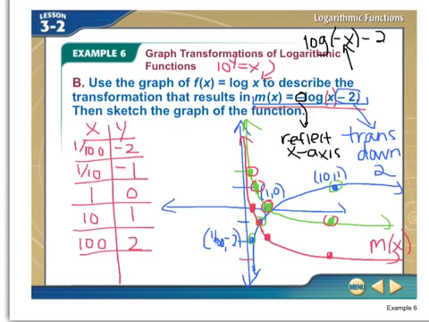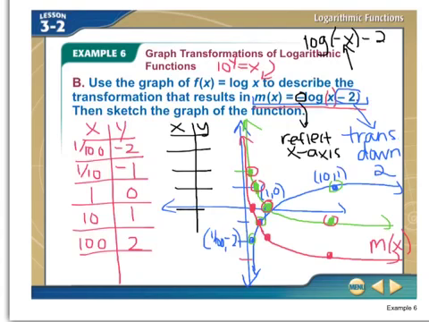The table for m of x, if I make a quick table of values right here: when we reflected each point for f of x over the x-axis, what happened is all the x-coordinates stayed the same, but all our y-coordinates changed sign.